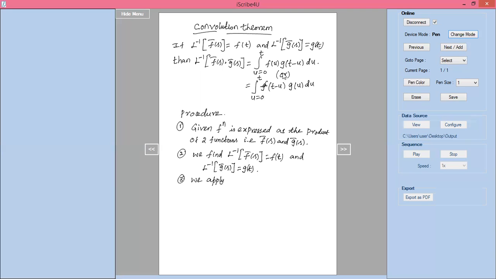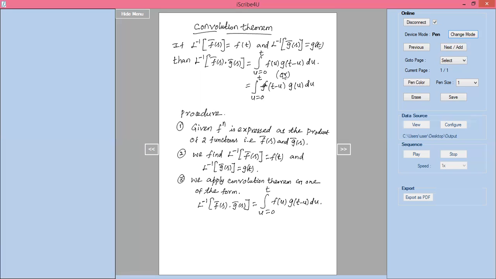We apply the convolution theorem in one of the forms: L inverse of f bar of s into g bar of s equals integration of u equals 0 to t f of u into g of t minus u into du.